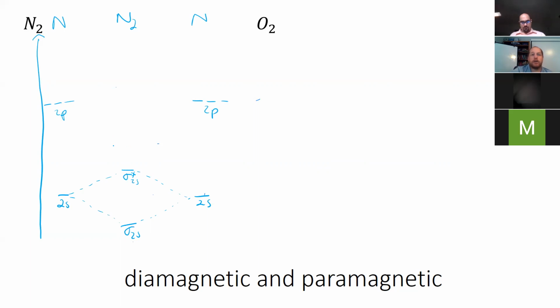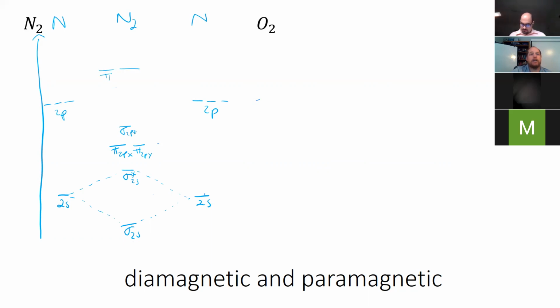When the p orbitals overlap, you still get the pi 2px and pi 2py and the sigma 2pz in that same order.